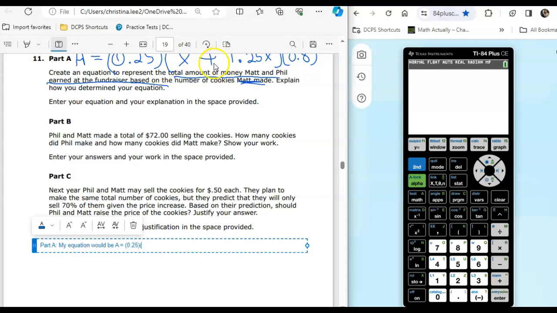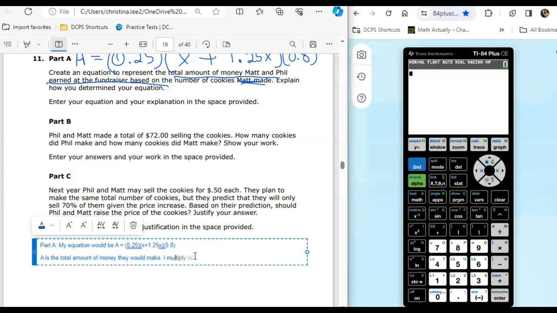You can combine these to be 2.25x if you wanted to, or just leave it as x plus 1.25x. A is the total amount of money they would make.